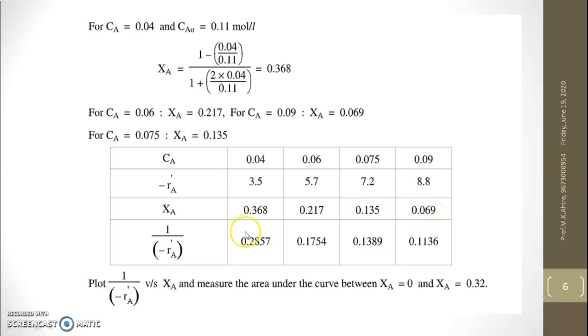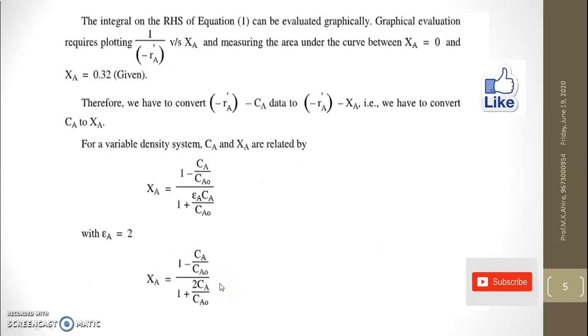You will get 1 upon minus RA after this, and you can relate it with XA because your equation demands these two rows, XA and 1 upon minus RA. So we decided to plot a graph of 1 upon minus RA versus XA.